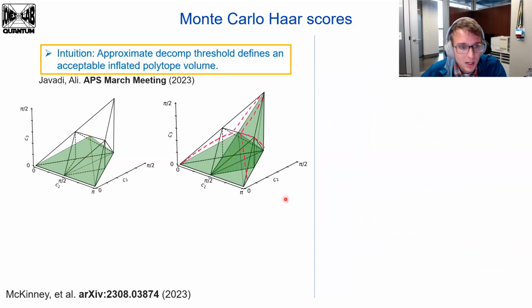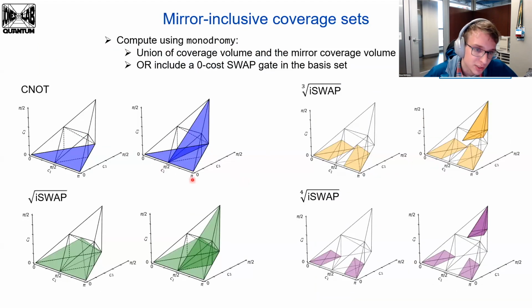I'll also point out that an interesting part of approximate decomposition is that for CNOT specifically, this region is technically 0 volume because they're all planes. So the CNOT has a hash score of 3 because in order to have any non-negligible volume, you need to have 3 CNOTs, and this is only 2.